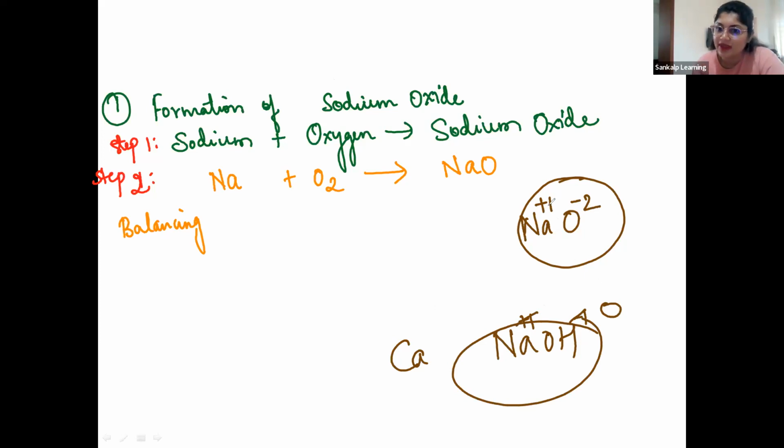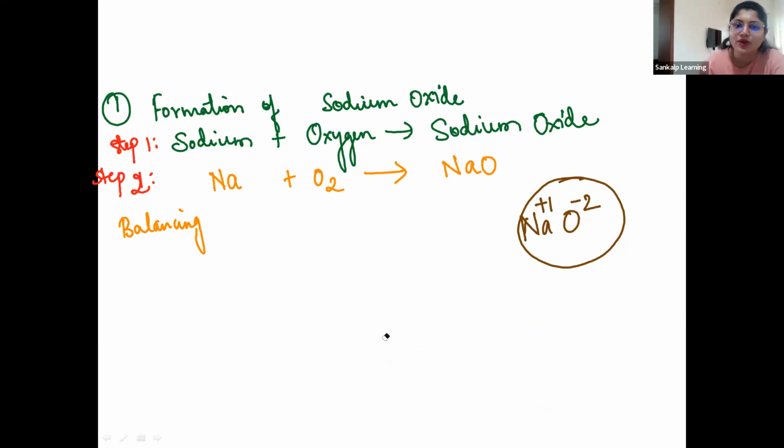Now here, +1 and -2. Hydroxide is OH, OH minus. The overall charge should be 0. Is the overall charge here 0? No. Sodium is +1 and this is -2.